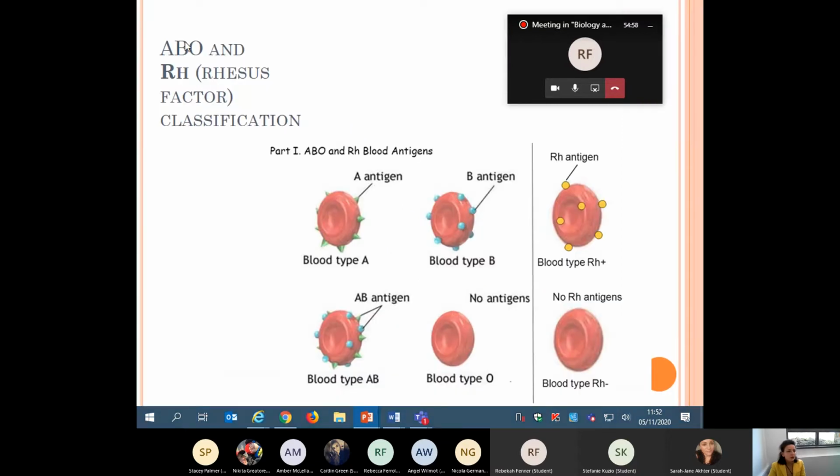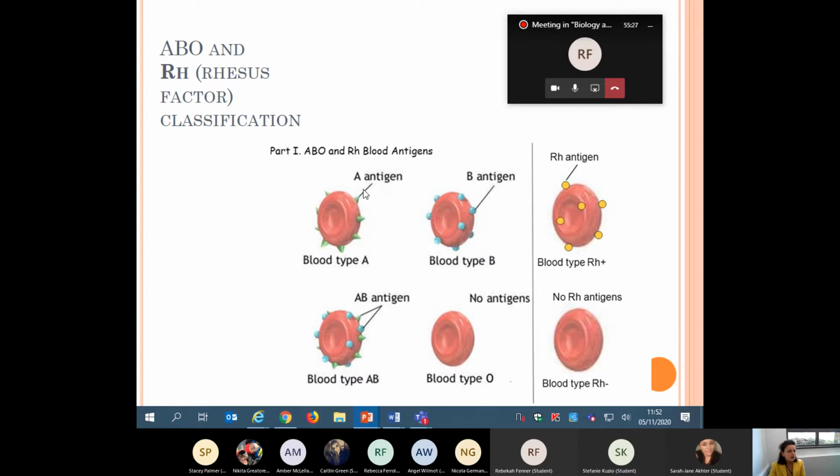So what are all these blood groups about? Well, they're essentially about the presence or absence of particular types of proteins on the surface of your red blood cells. Those proteins are only found on red blood cells, not white blood cells. And these proteins are known as antigens. Can you see this word here?